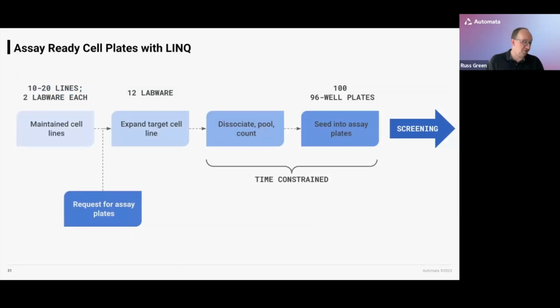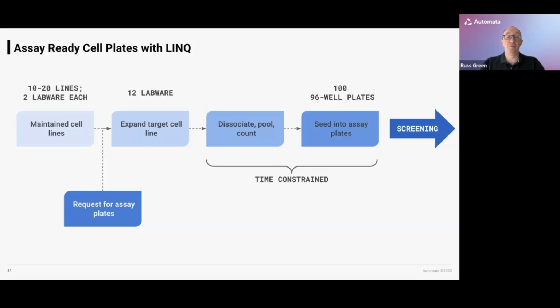The final example I want to speak to you about is one around assay ready plates. So in this case, this isn't about growing up cells to go into multi-well plates to be handed over to a screening team. In this case, we have a portion of our platform dedicated to maintaining some cell lines, so 10 or 20 different lines, a couple of pieces of labware each for redundancy, but really just going through that standard feed and splits process.